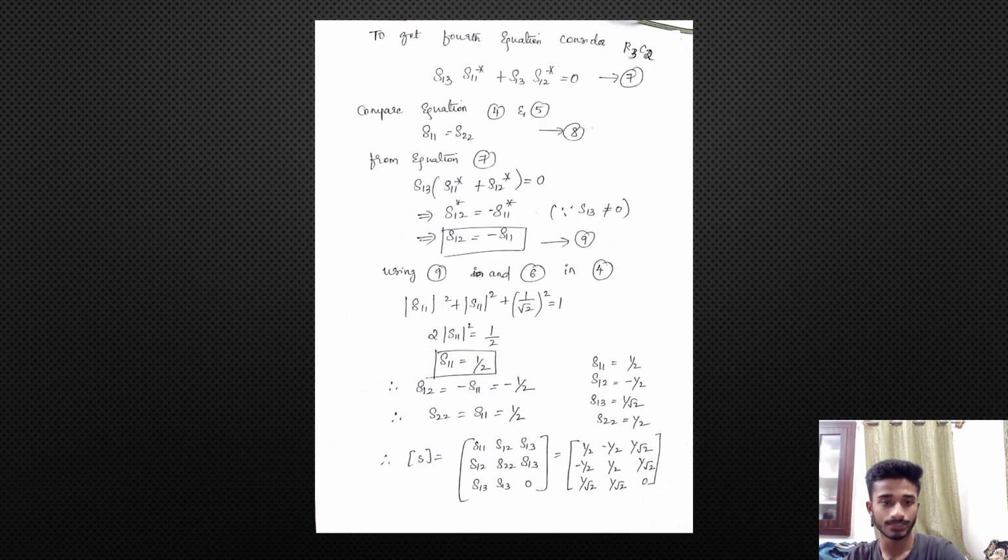Moving on to our next slide. To get the fourth equation, consider row 2 and column 2. We have already got three equations.